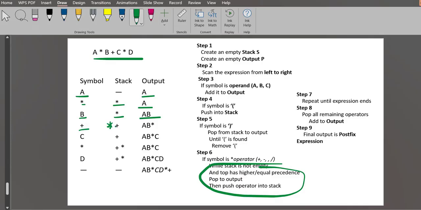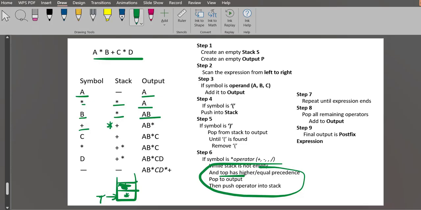So before putting it, we have to check what the top of the stack has. Multiply came first, and now plus is coming. So I cannot push plus directly; I have to check the top first. Plus needs to be pushed.